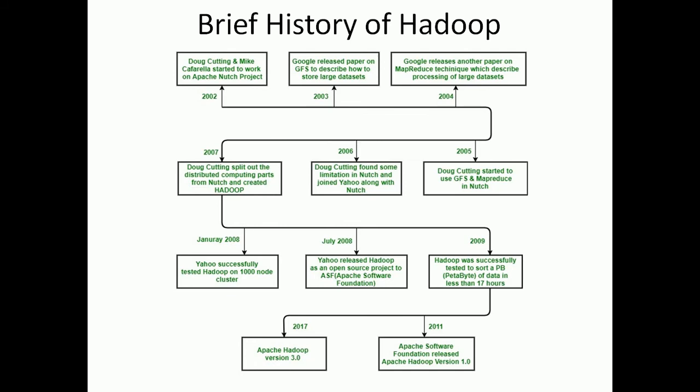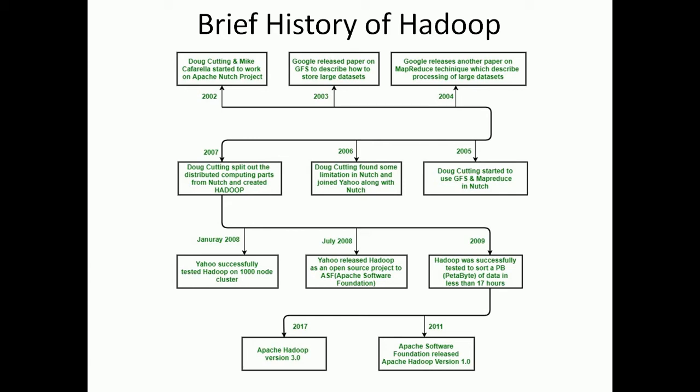When you talk about the brief history of Hadoop, Doug Cutting and Mike Cafarella were working on the Nutch project in 2002. In 2003, Google innovated the Google File System, because Google always faced data challenges: a search engine requires huge data as well as faster processing of this data.